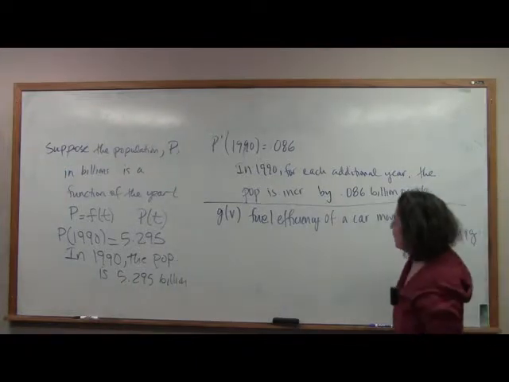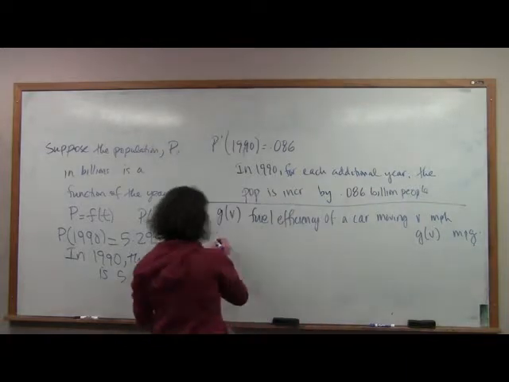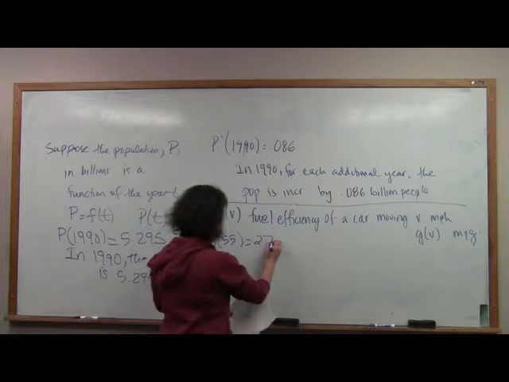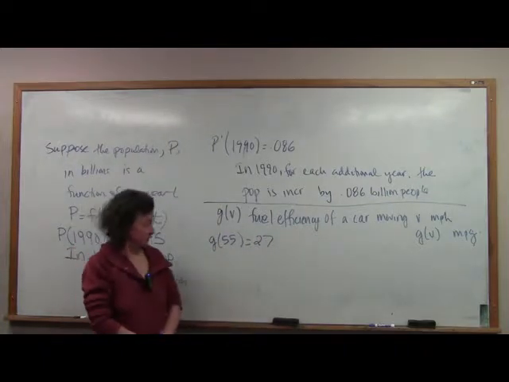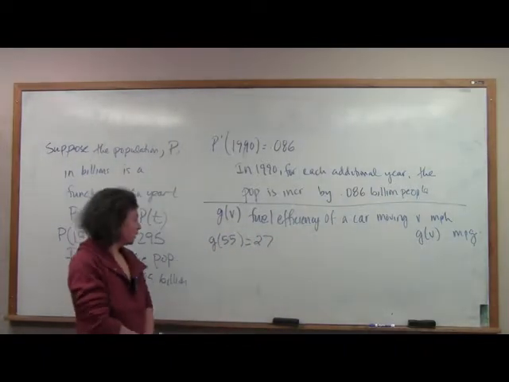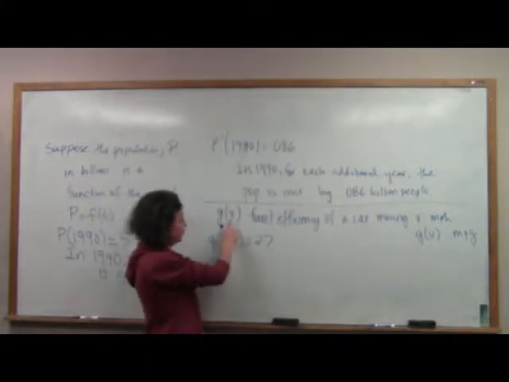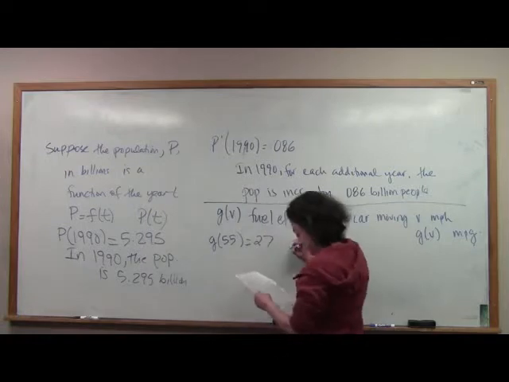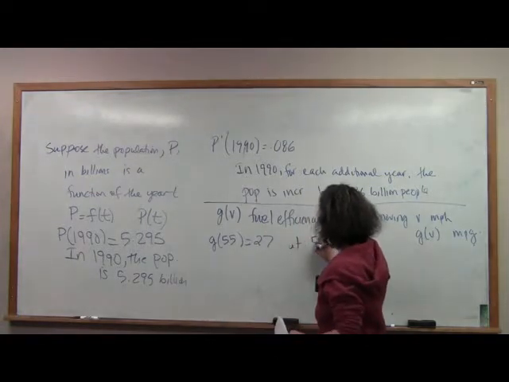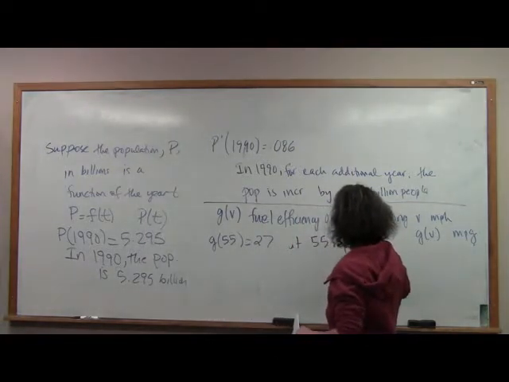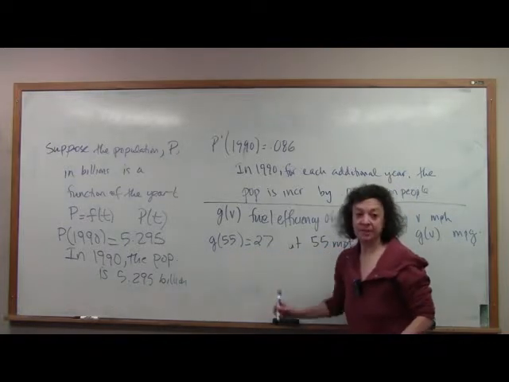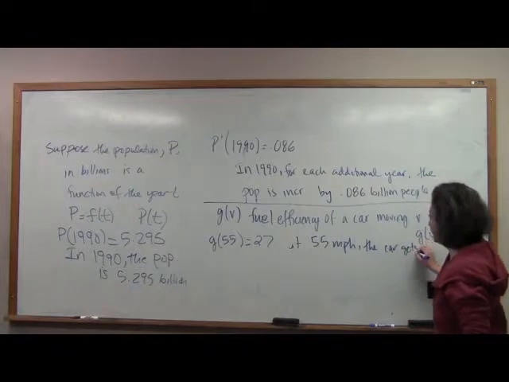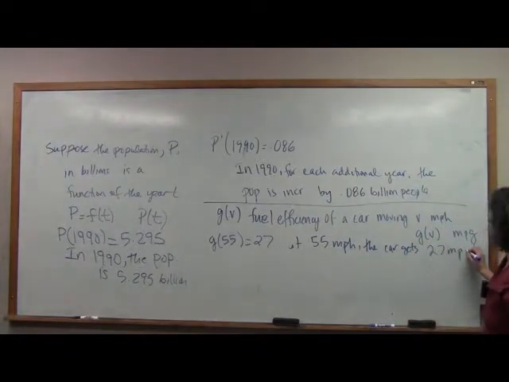So, let's explain the meaning of G of 55 equals 27. This is just our function straight up. What this is saying is, when V is 55, in other words, at 55 miles per hour, this is our fuel efficiency. The car gets 27 miles per gallon.